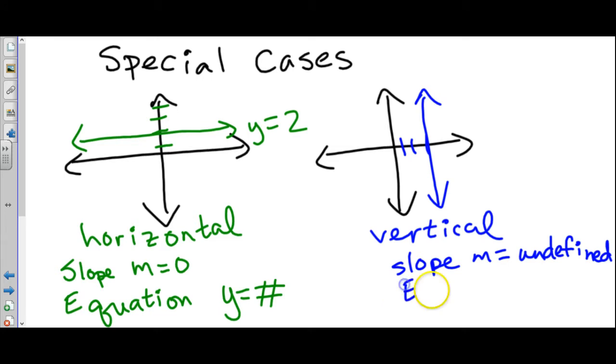And then this one will have an equation that starts with the letter x. Instead of having both a y and an x in one equation, the special cases only have a letter y or only have a letter x. And same idea, it'll be x equals some number. In this case, that number would be 3 because it crosses at 3.